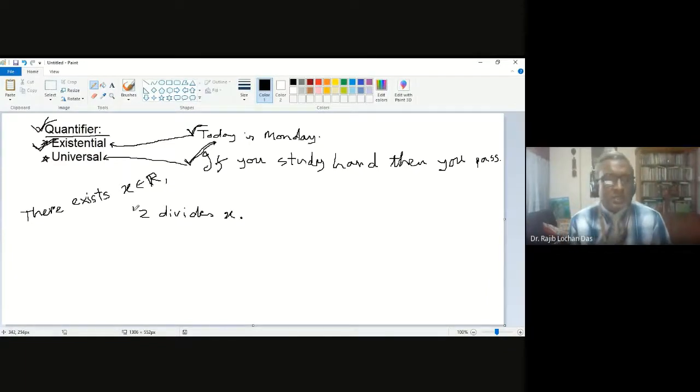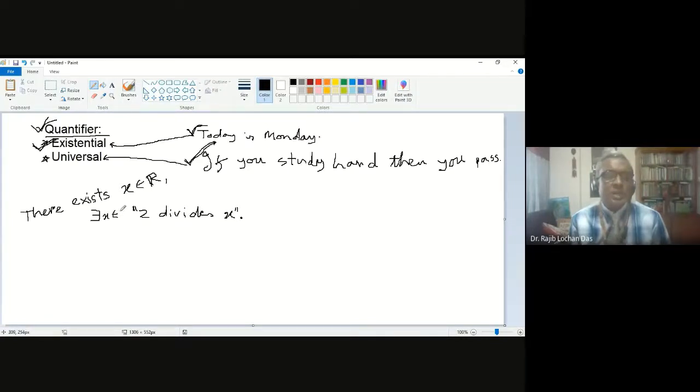You write the sentence 2 divides x. This is your sentence, but there is a quantifier involved with it, because this sentence is not always correct. Sometimes it is correct, and we write there exists some x in the real numbers so that 2 divides x. We use the symbol like this, which means there exists.